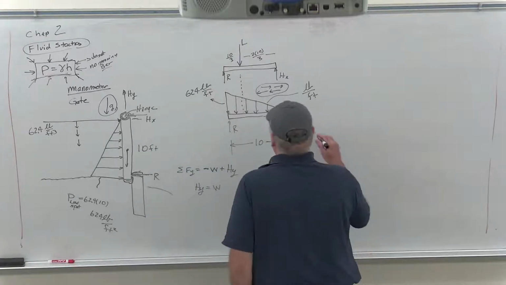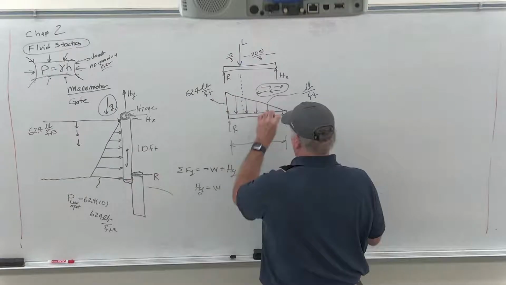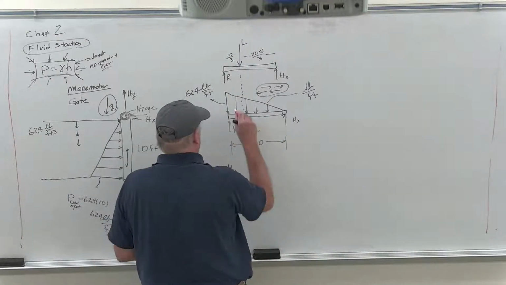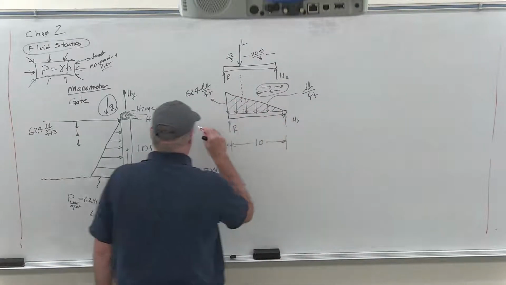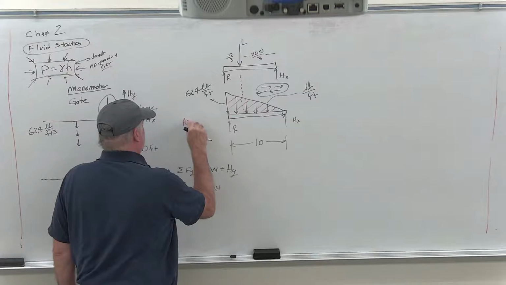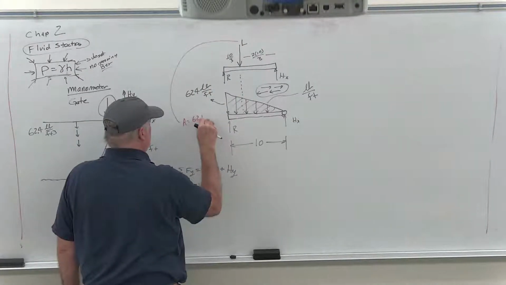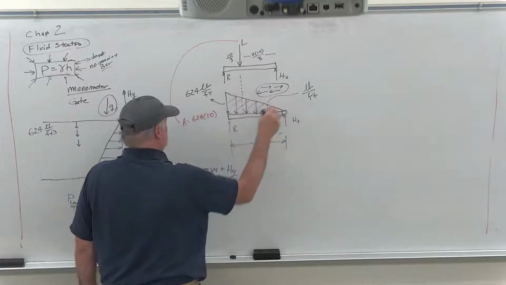So then you're back in statics. Now you want to find the area of this thing, the area of that triangle, which is the load that gets put up there. It's 624 times 10, but half of it gets clipped off.